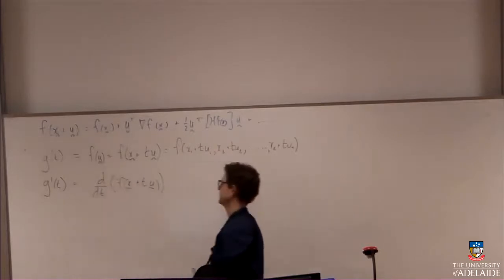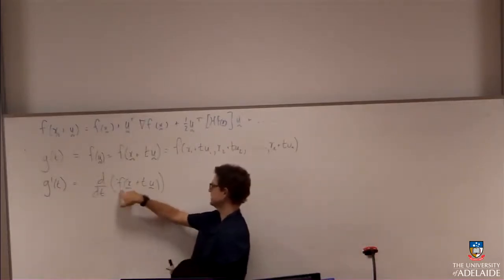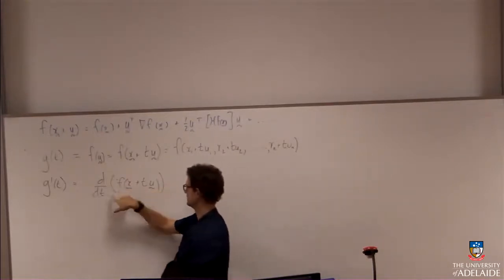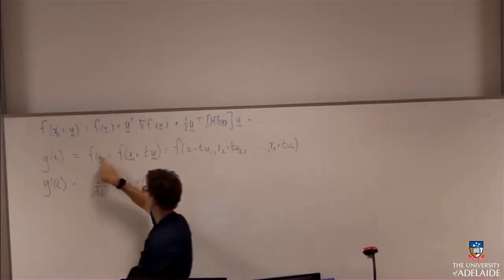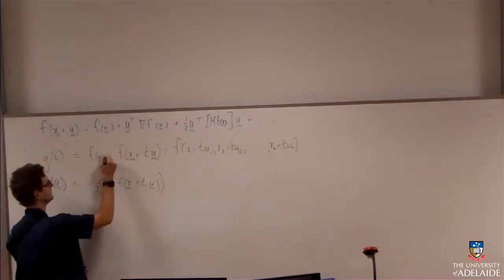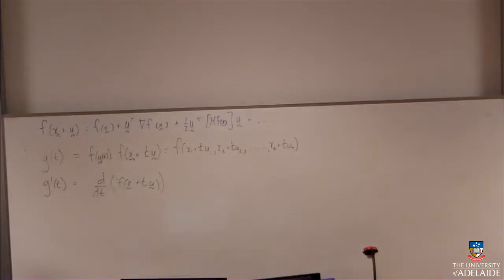So I'm differentiating this function f with respect to t. Now, to differentiate this with respect to t, I have a function of a function, because really, I have f of y here, and y is a function of t. So the point here is that I need to use the chain rule on this expression.